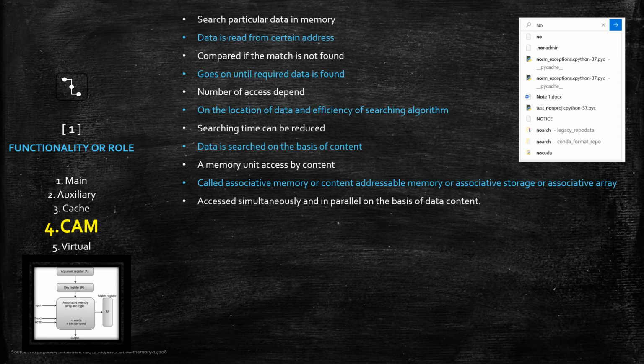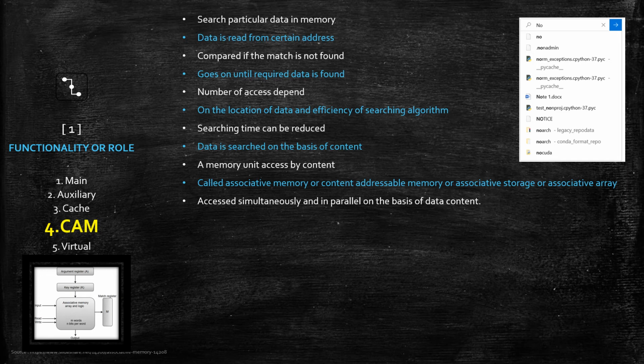This CAM, this type of memory, is accessed simultaneously and in parallel on the basis of the data content. Here is a very interesting example: suppose you are searching for two different words, like good and morning. It has to search both the words simultaneously and in parallel.